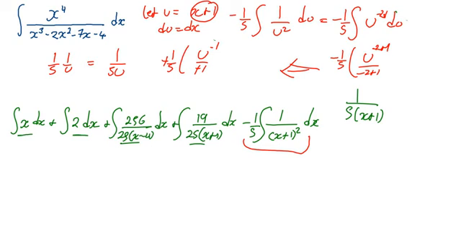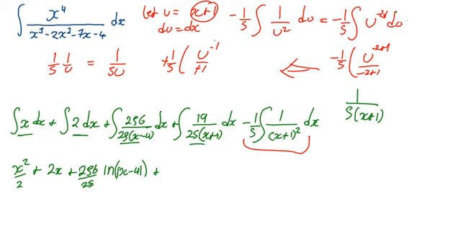So the full integral would be x squared over 2 plus 2x plus 256 over 25 natural log of absolute value of x minus 4. Of course, absolute value, you're not supposed to get a negative there.